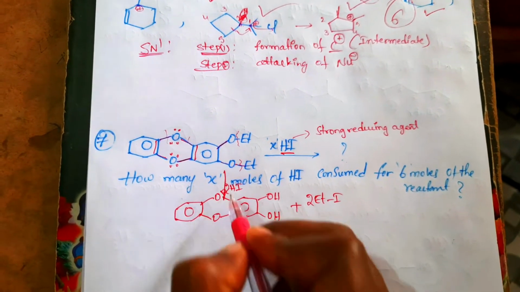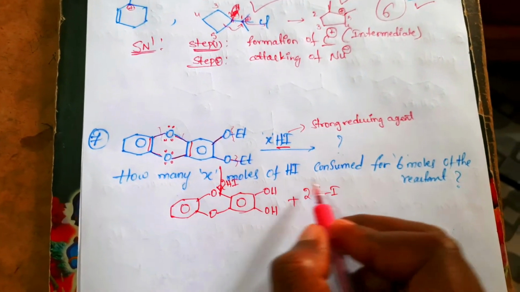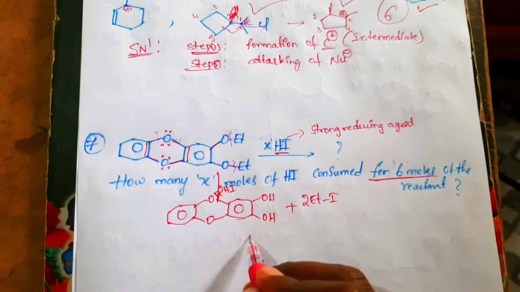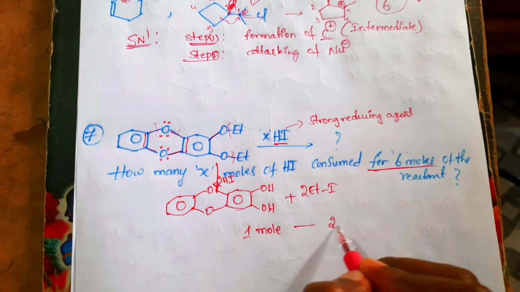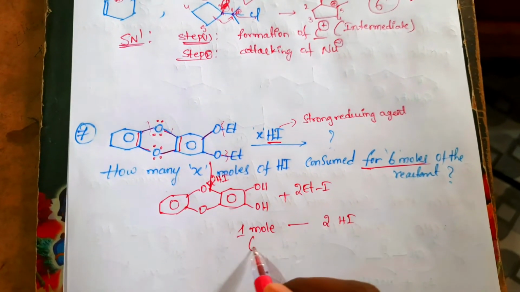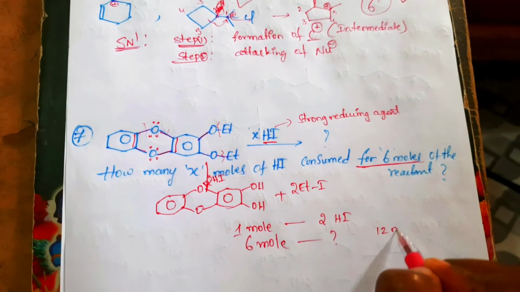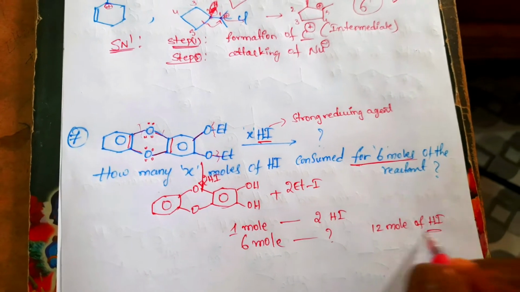So 2 moles of hydrogen iodide is needed. But how many moles of HI are consumed for 6 moles of the reactant? 1 mole of this reactant combines with 2 moles of hydrogen iodide. If you take 6 moles, it requires how many moles? That is 12 moles of hydrogen iodide is needed. Is that clear?